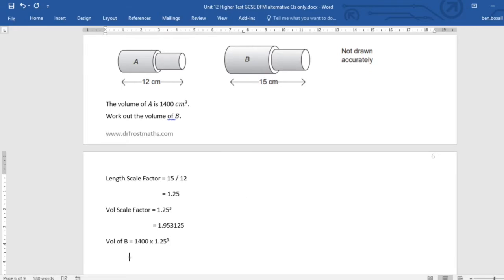Okay, is this number here I've got on my calculator. I get 2734.375. Now presumably Dr. Frost wanted me to round that, so you would have to round it in Dr. Frost Maths. Okay, I'm just going to check it again.